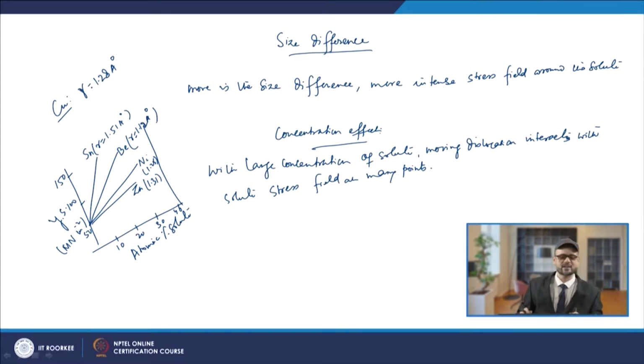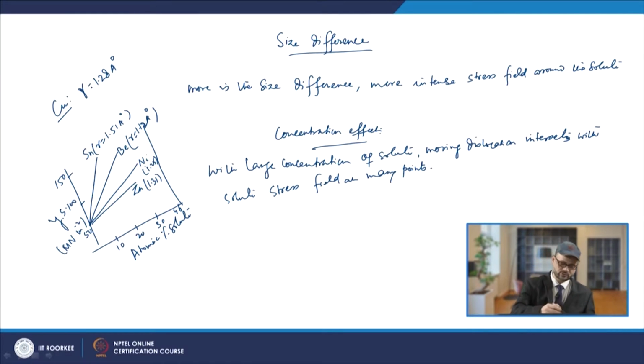For zinc and nickel the difference is not so high, hardly 0.03 angstrom. However, for beryllium the difference is about 0.16 angstrom, and for tin, Sn, it becomes even larger, 0.23 angstrom.